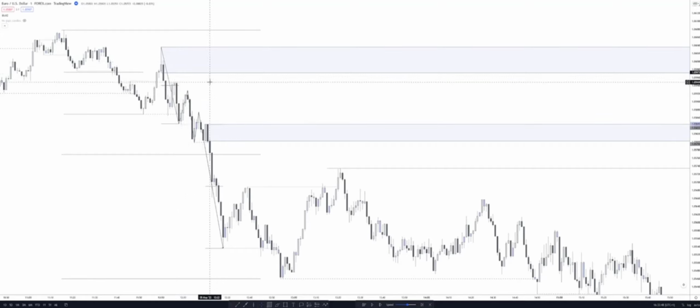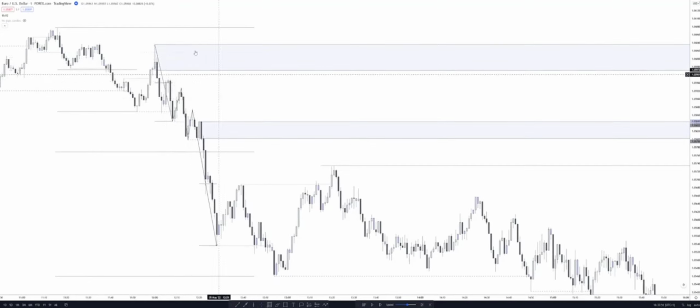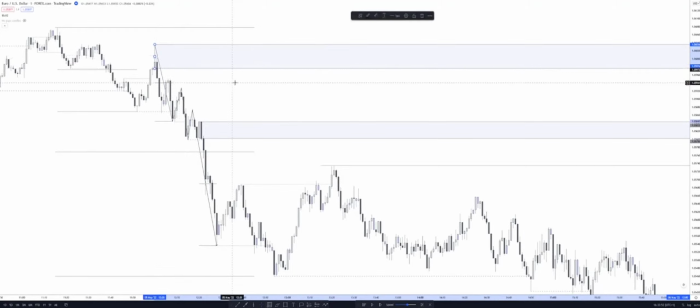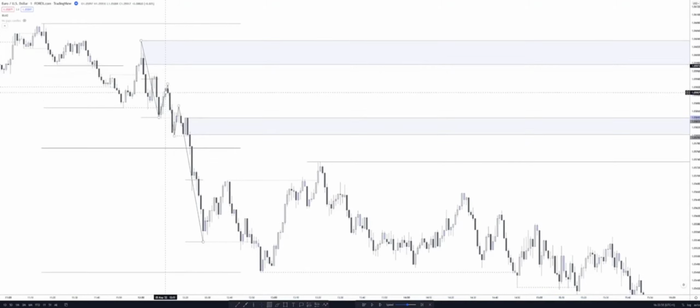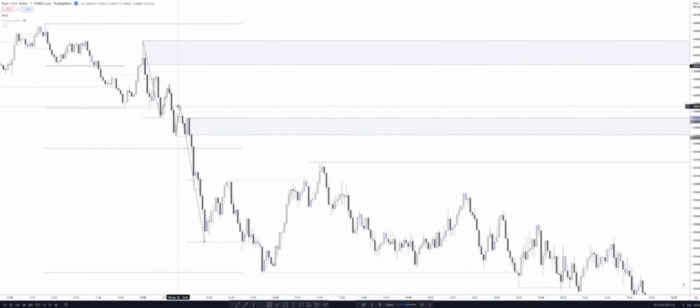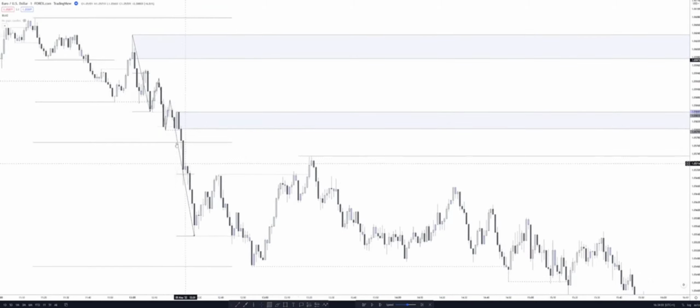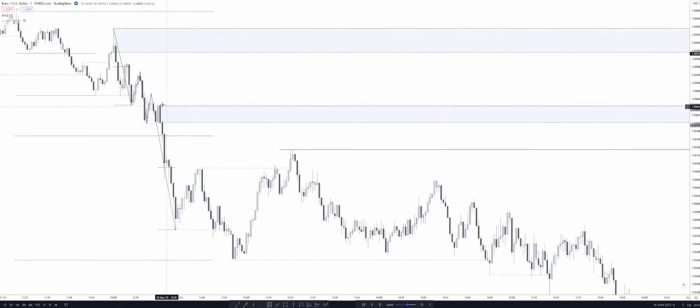So that is an unmitigated zone within this 15-minute. And then we break down again. We do mitigate the premium here and a valid supply zone. So we break down again. Order flow has been re-established here. So the zones in this premium are valid for an entry.